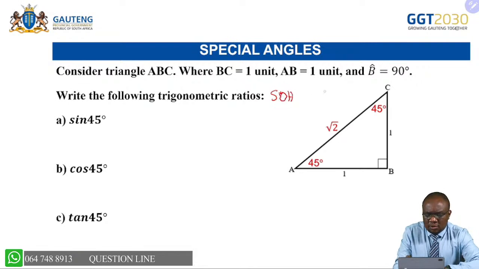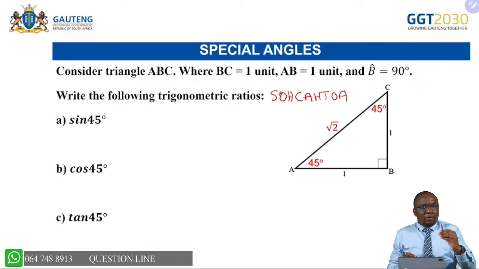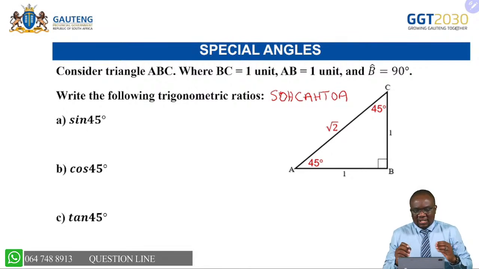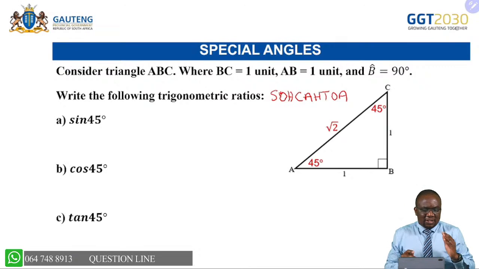Cos 45 is going to be adjacent side over hypotenuse side. And then tan 45 is going to be opposite side over adjacent side. Remember that. I want you to do this in 1 minute. We are running out of time. Now use your triangle and write your 3 trigonometric ratios for sine 45, cos 45, and tan 45.